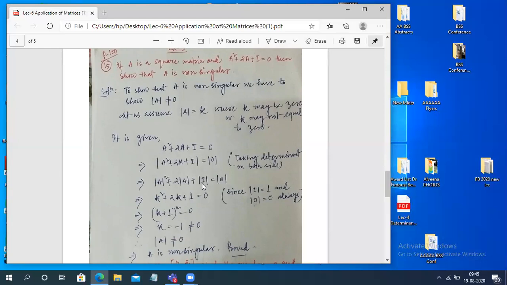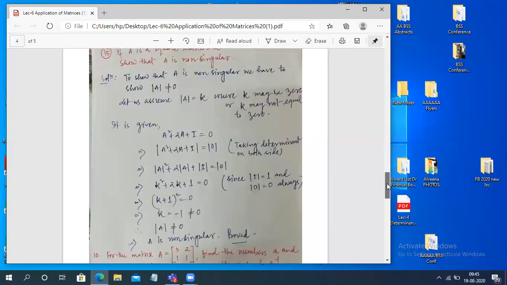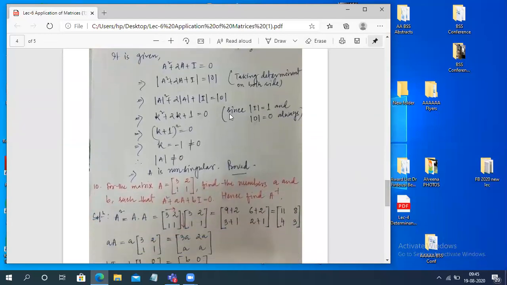Here 0 means the zero matrix, I means the identity matrix of the same order as A. Now if we write K in place of determinant of A, it will take this form: K square plus 2K plus 1 is equal to 0, because the determinant value of an identity matrix of any order is always 1, and the determinant value of a zero matrix of any order is always 0.